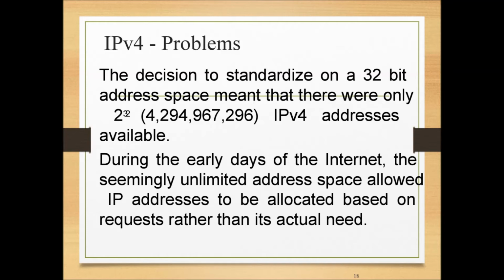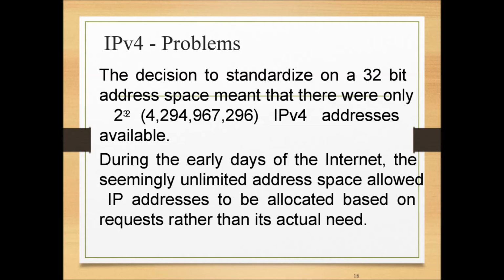Now let's talk about IPv4 problems. The decision to standardize on a 32-bit address space meant that there were only 2 raised to the power 32 IPv4 addresses available. You can see the digits 4,294,967,296.